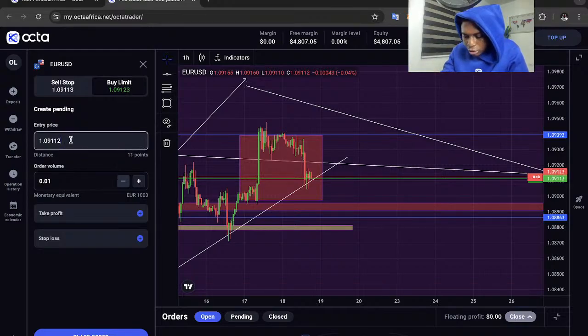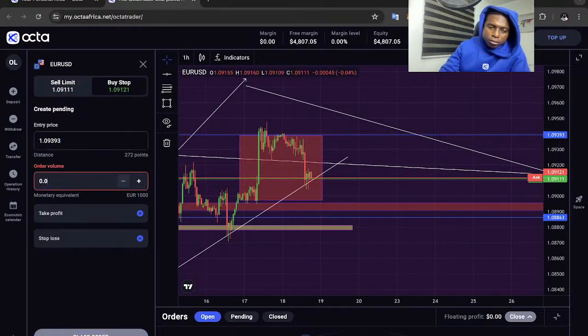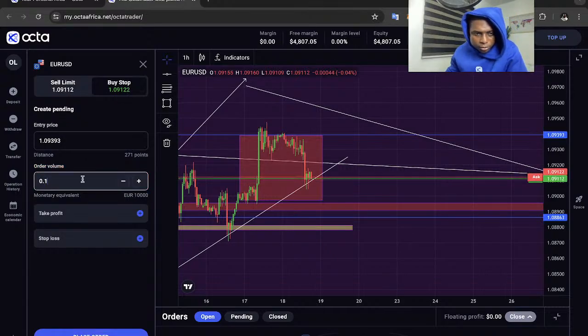Now my buy stop order would be up above. You can see that as I set my price, it automatically changed to buy stop. My order volume is 0.1.